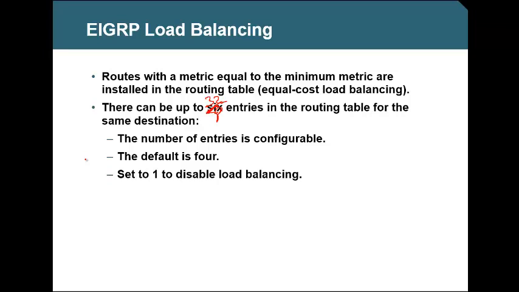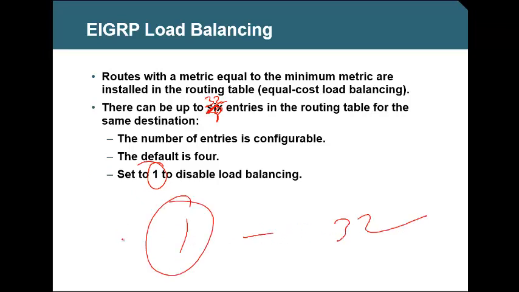If you do not want load balancing and want only one path, then you can set that number. There's a command called maximum-paths where you can set between 1 and 32. If you say 1, no load balancing whatsoever.